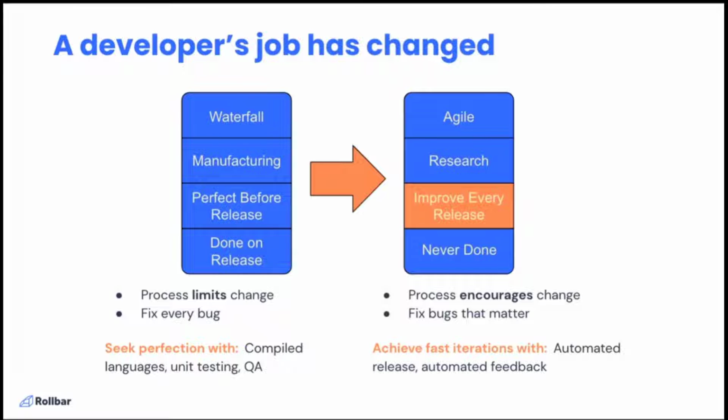You're never really done. The process encourages change, actually. You fix the bugs that matter at the time, and you can roll back and roll forward quite quickly. So an automated release process, an automated CI/CD process, allows you to very quickly move forward with new changes and new things. So those error signals become very, very important as you move so quickly.